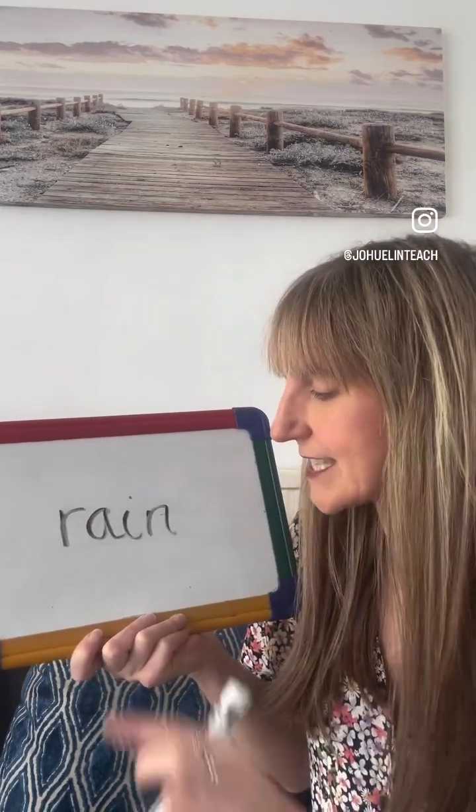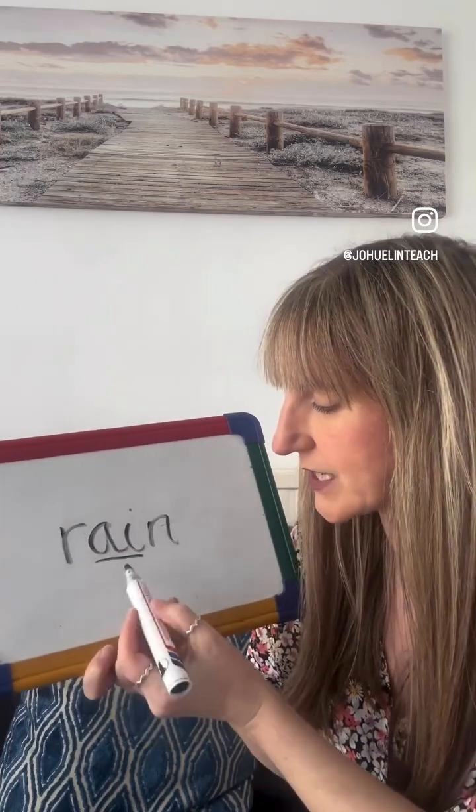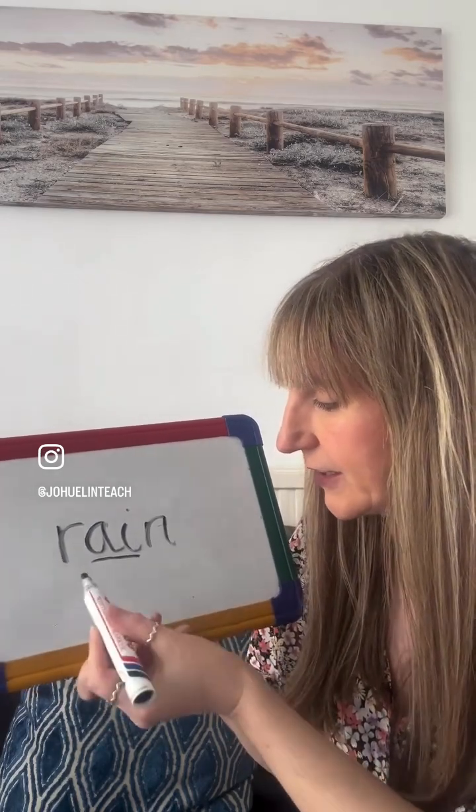So what you can say is we have been learning the ai digraph, and you can help them by underlining the ai sound. It's a digraph because it's two letters that make one sound, ai. And then you can try again. R, ai, n, rain. Then you say, wow, that is a word.